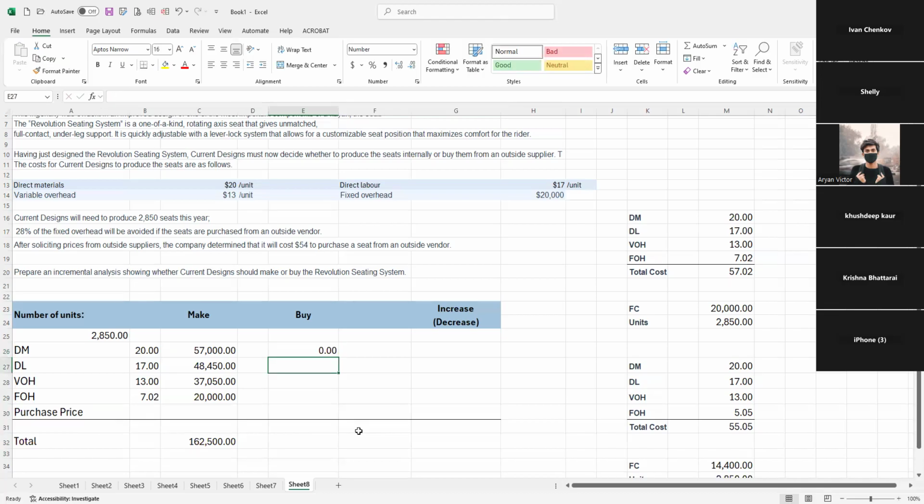Times 0, so if I buy it, I don't have to pay anything here. I don't have the variable cost. Do I have to pay fixed overhead? If I'm buying it, how much of the fixed overhead is going to stay with me? I can avoid 28%.